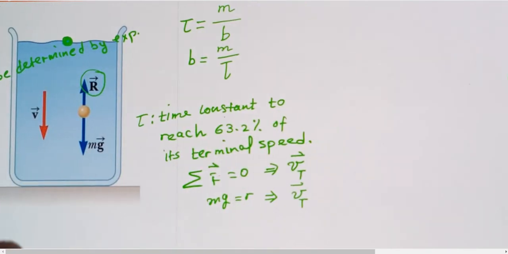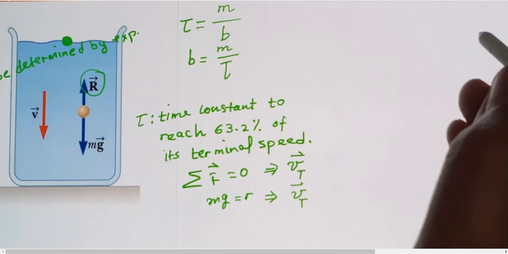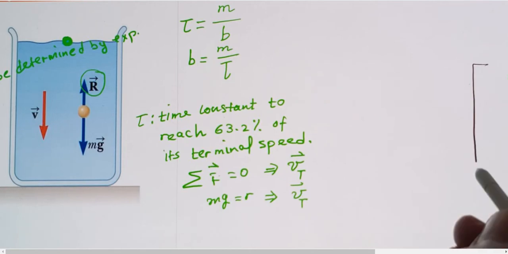In reality, there is another force acting on the sphere in this situation, and that's what we teach in the viscosity experiment. The book is completely ignoring that force. So let's talk about it.